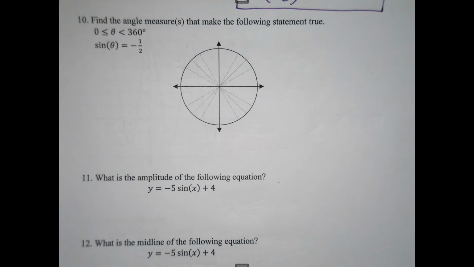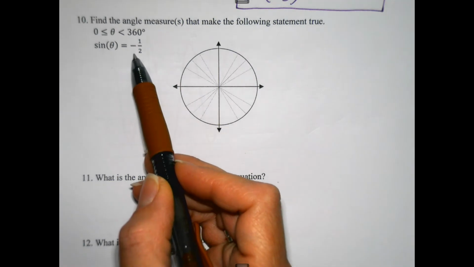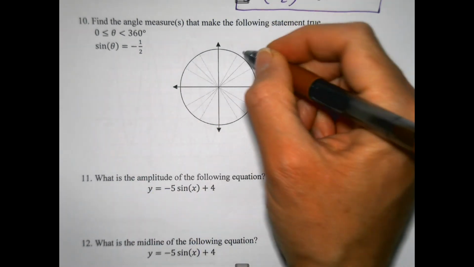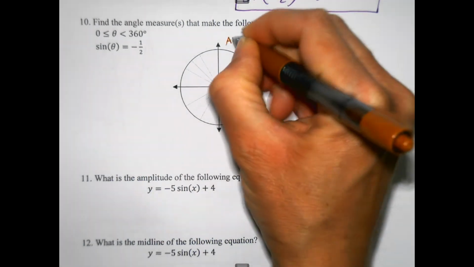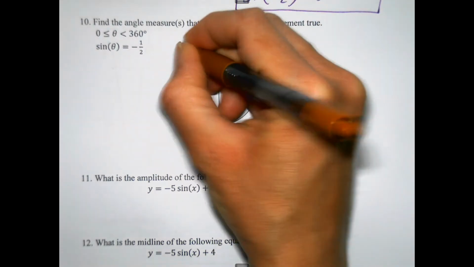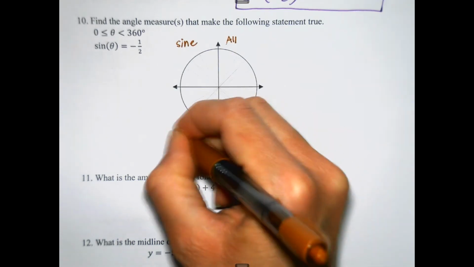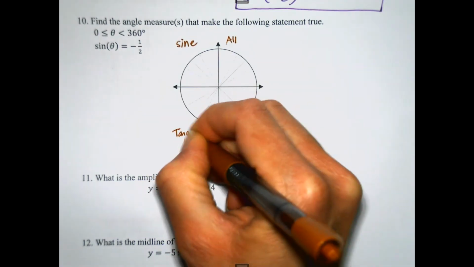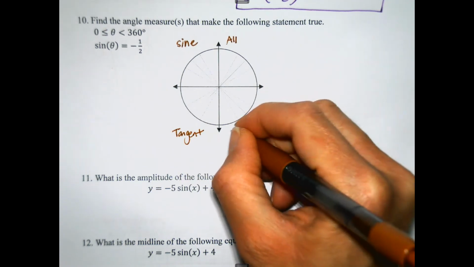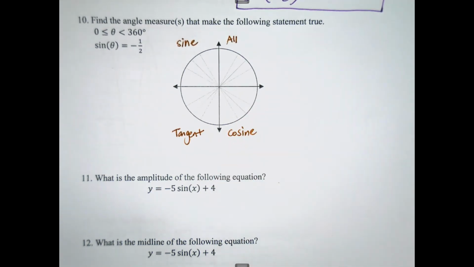We know that sine is negative since we are given that the sine of theta is -1/2. Remember, all students take classes. So in quadrant number 1, everything is positive. In quadrant number 2, sine is positive. Quadrant number 3, tangent is positive. And quadrant number 4, cosine is positive.